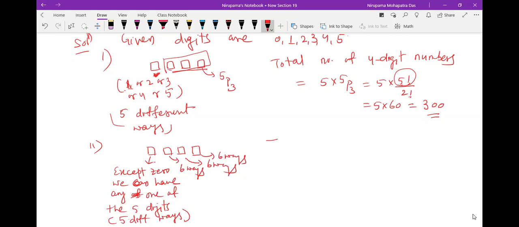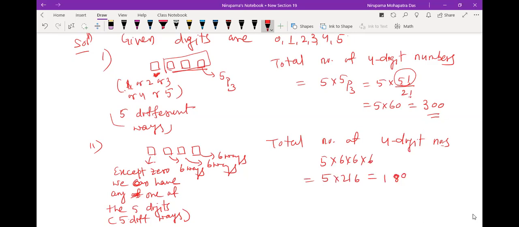So it means total number of 4-digit numbers in this case will be 5 into 6 into 6 into 6, 6 cube, right? 5 into 216, so it is 1080, right?